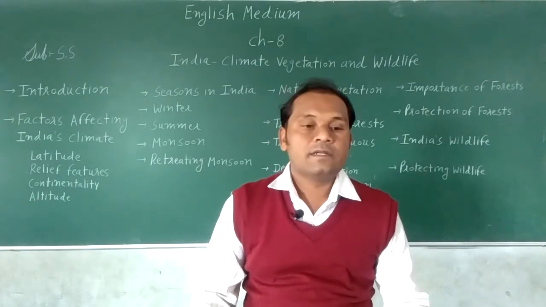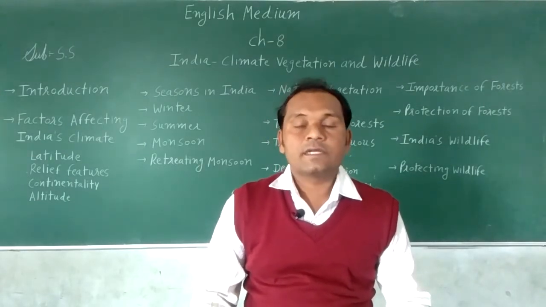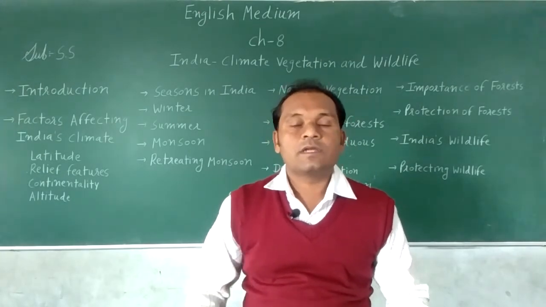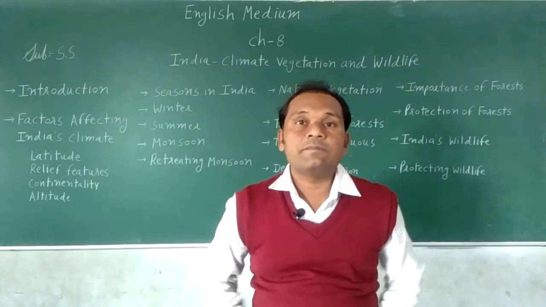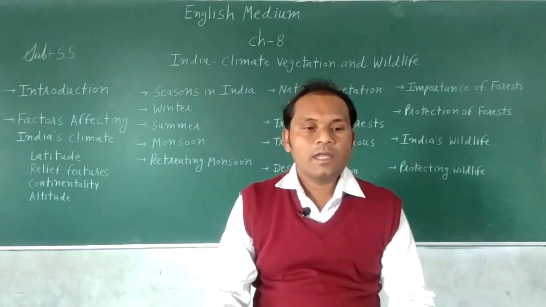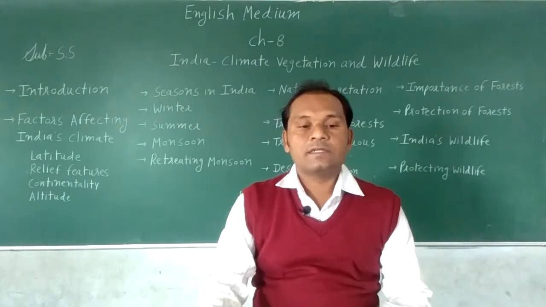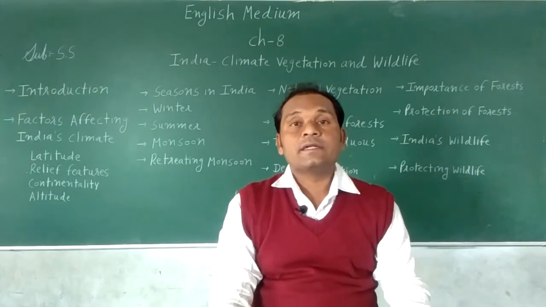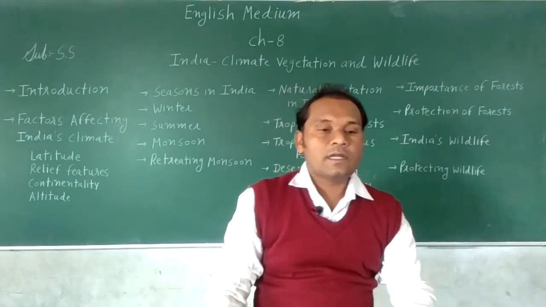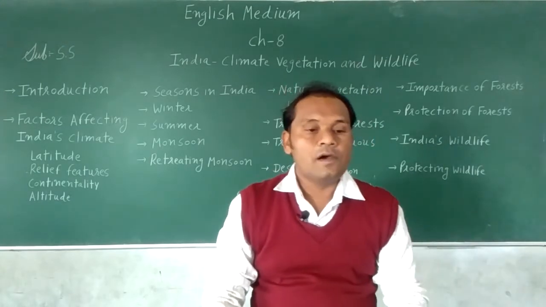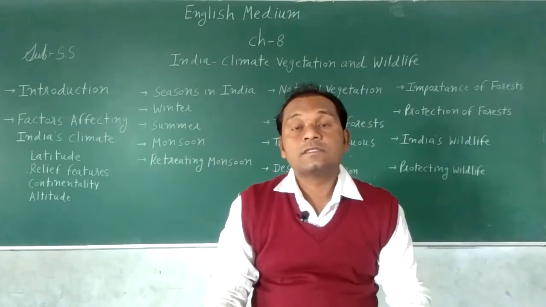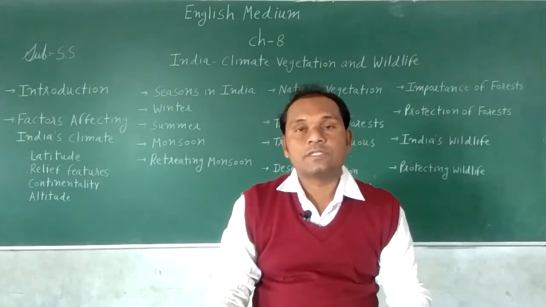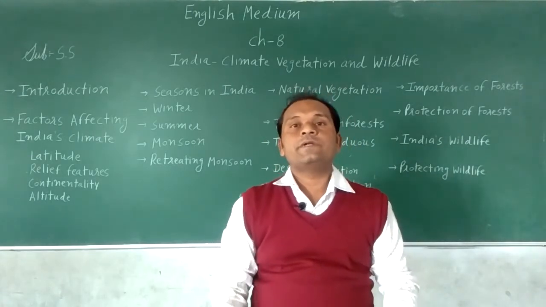Natural vegetation refers to the natural growth of plants without interference of humans. The climate of India greatly influences its vegetation cover, which includes grass, shrubs, trees, and most of the wildlife associated with it.